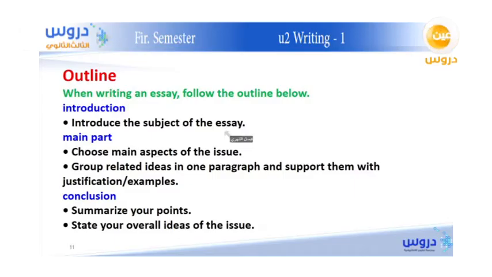Introduce the subject of the essay. Main part: choose the main aspects of the issue, group related ideas in one paragraph and support them with justification or examples, and finally summarize your points. State your overall ideas of the issue.